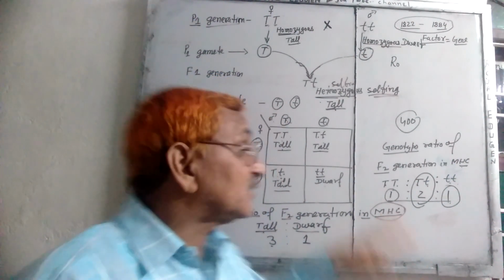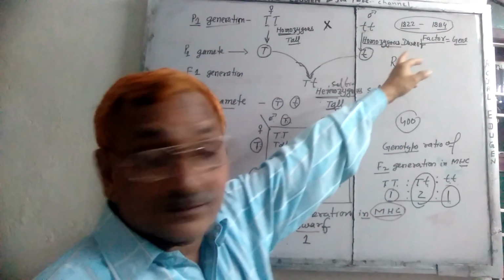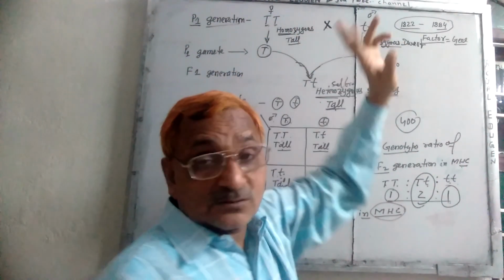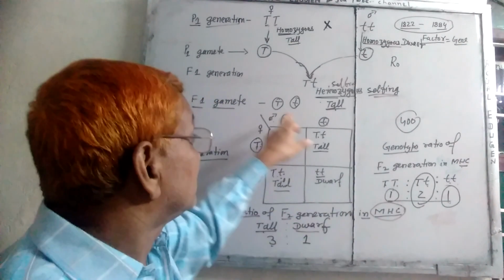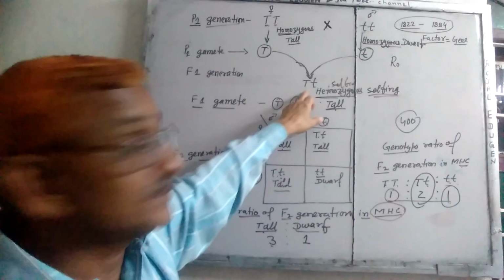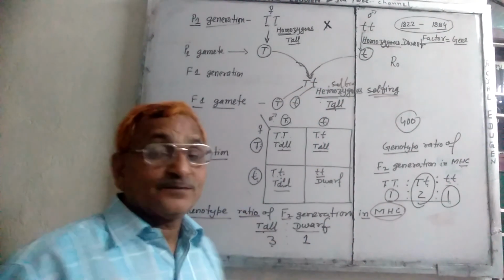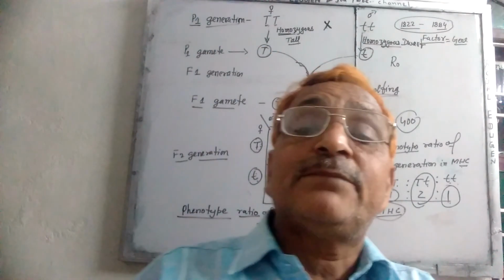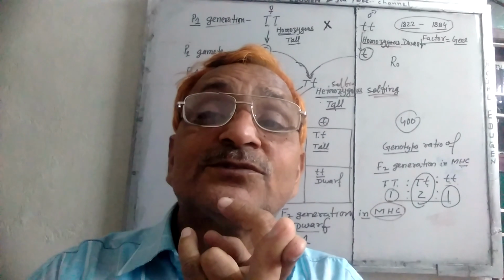So this is the law of dominance. The law of segregation you can also explain: in the parental generation, factors exist in pairs, like here, capital T small t. But during gamete formation, when we write the F1 gametes, we write capital T and small t separately. So in the parental generation, factors exist in pair, but during gamete formation, only one factor goes.